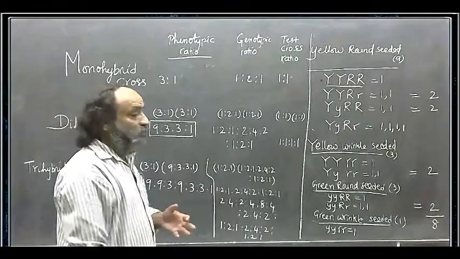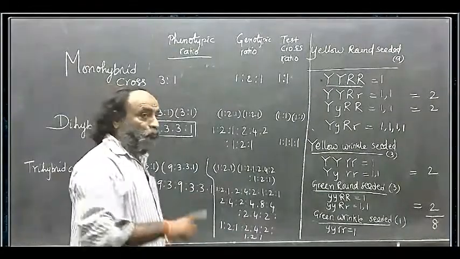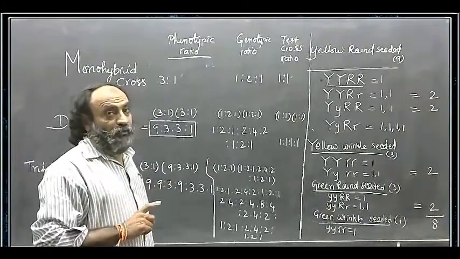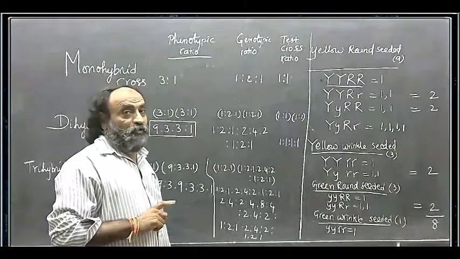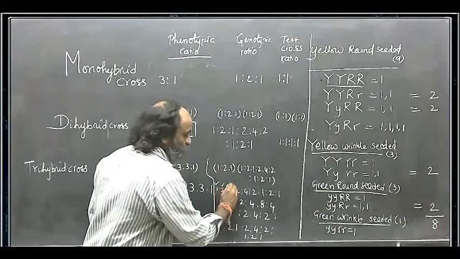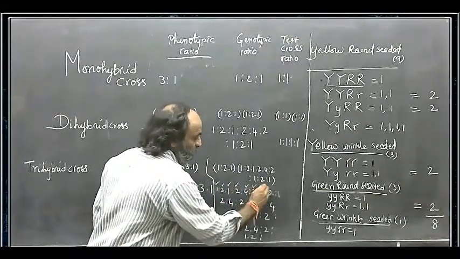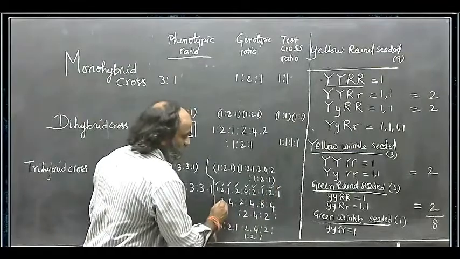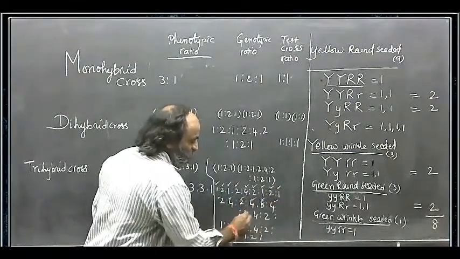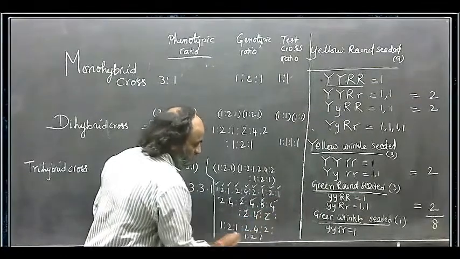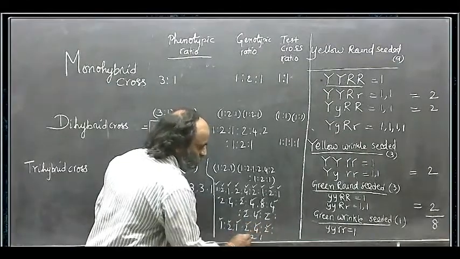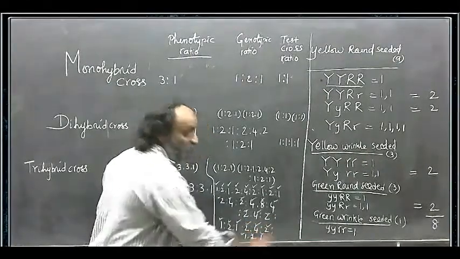And the total types of genotypes: the total number of offspring is 64 in a trihybrid cross. The total types of genotypes: 1, 2, 3, 4, 5, 6, 7, 8, 9, 10, 11, 12, 13, 14, 15, 16, 17, 18, 19, 20, 21, 22, 23, 24, 25, 26, 27.